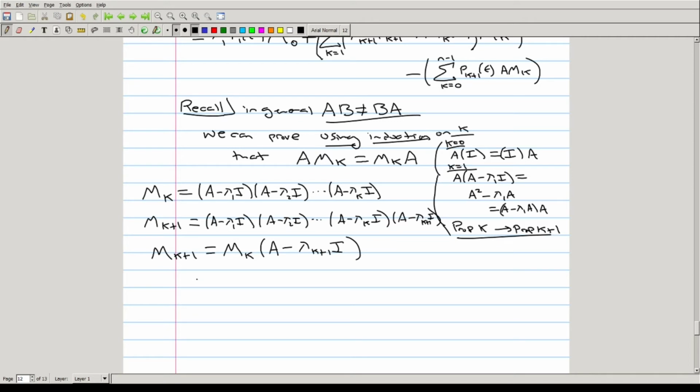Which is the same thing as saying that M_k times A is equal to M_{k+1} plus lambda_{k+1} times M_k. And because of the commutativity of this matrix M_k with A, this is the same thing as A times M_k.